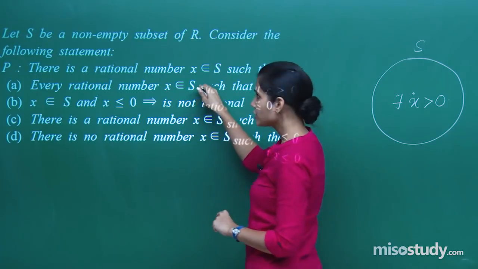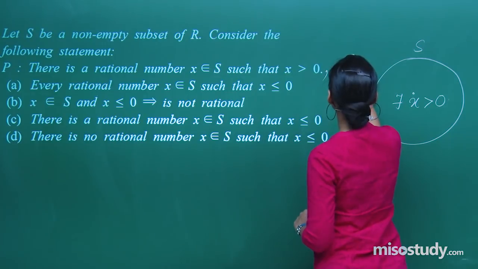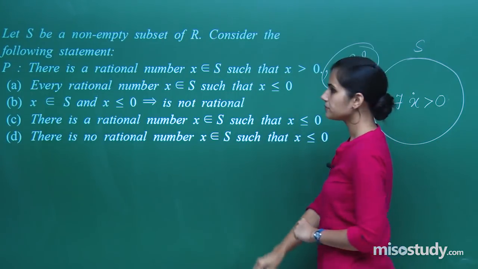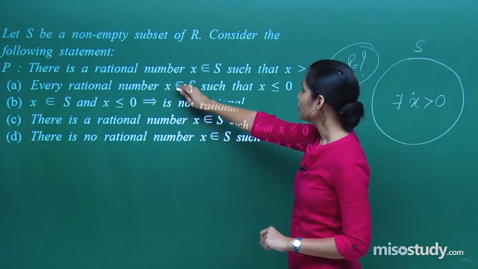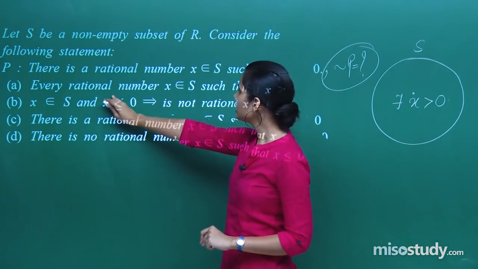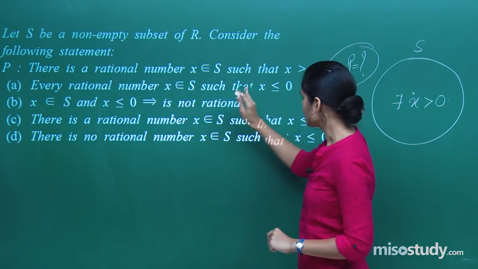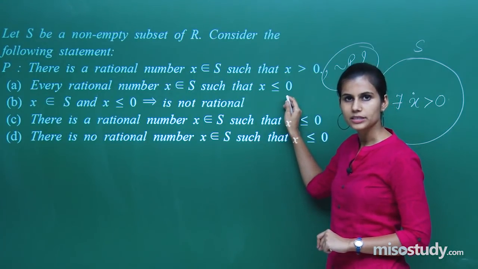If over here I ask you, what is the negation of the statement P? There is a rational number x in S such that x is positive. Every rational number x in S such that x is less than or equal to 0. Are you understanding?